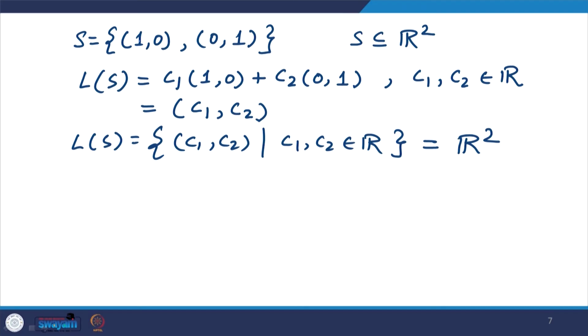So, here the linear span of (1, 0) and (0, 1) is R 2.